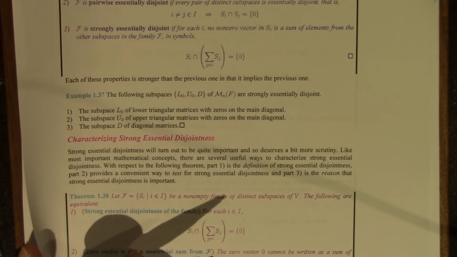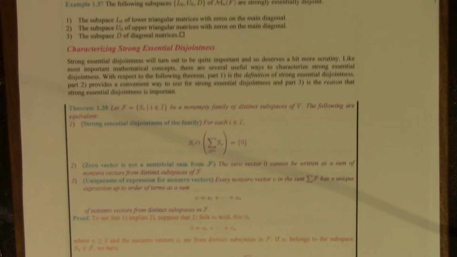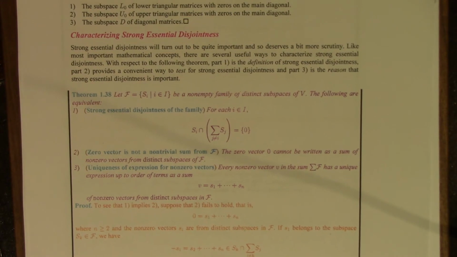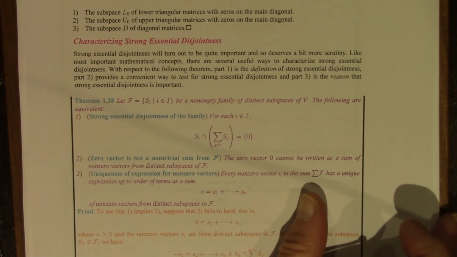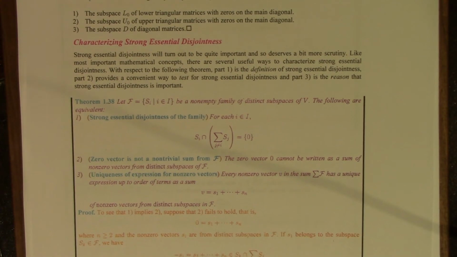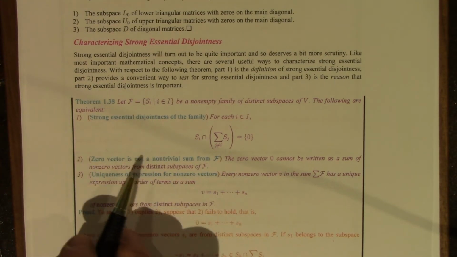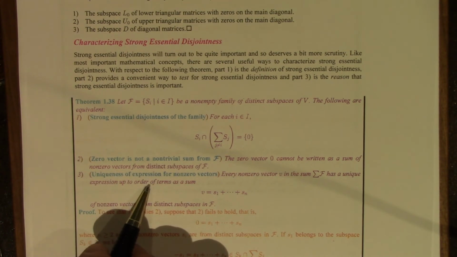Strong essential disjointness will turn out to be quite important for us, and so it deserves a little bit more scrutiny. Like most important mathematical concepts, there are several useful ways to characterize strong essential disjointness. This is a theorem with three parts.